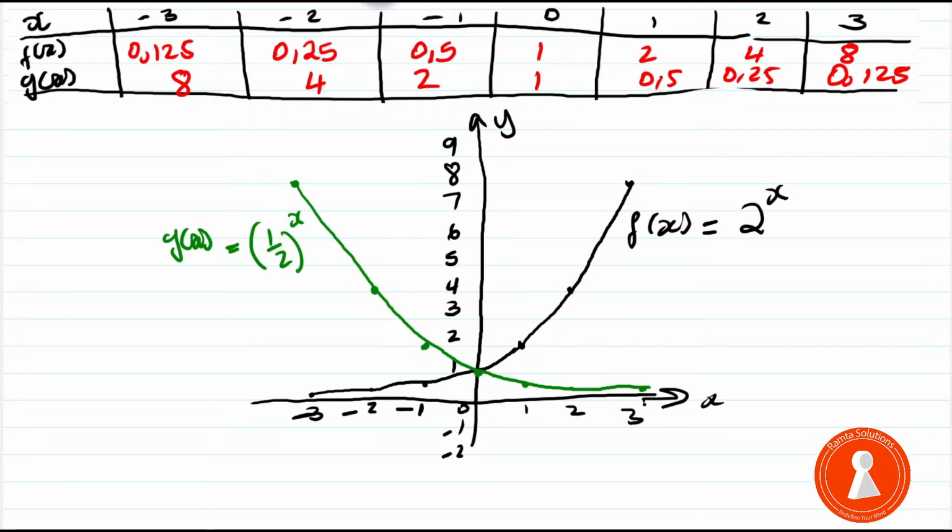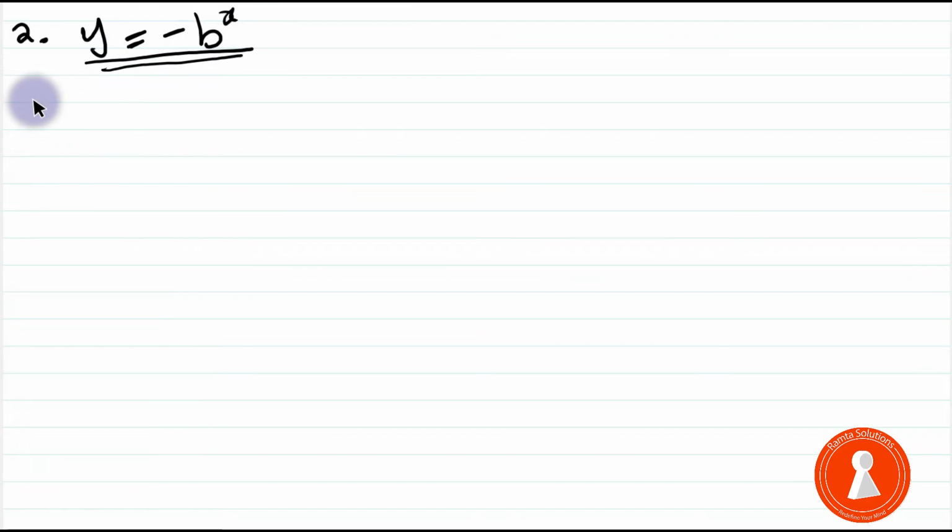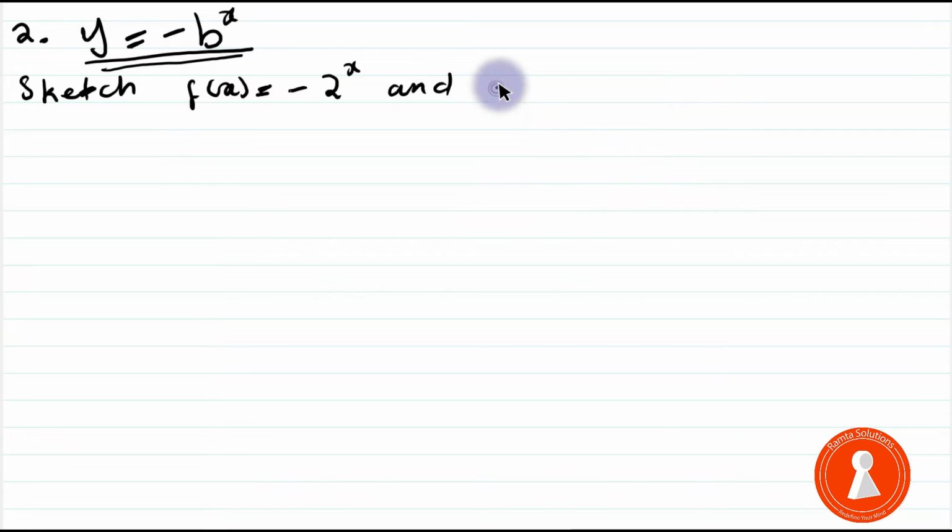Now let's go to a second case. In the second case, again, y equals b to the x. So here we will sketch f of x equals negative 2 to the x and g of x is negative half to the x.